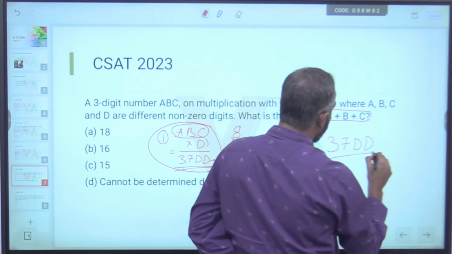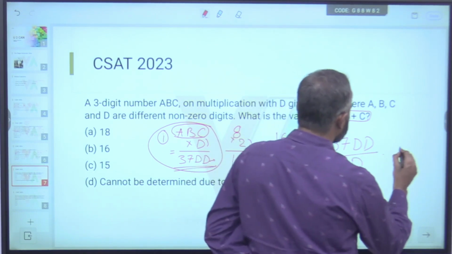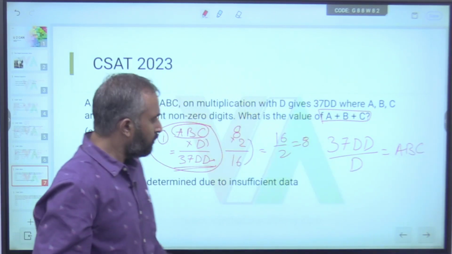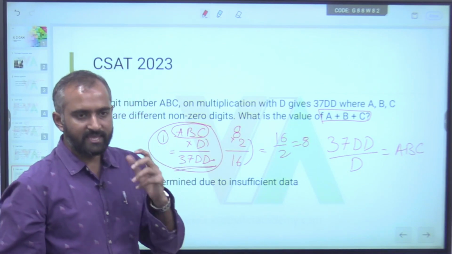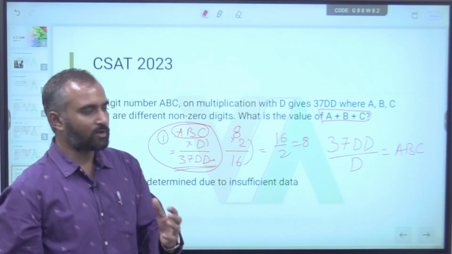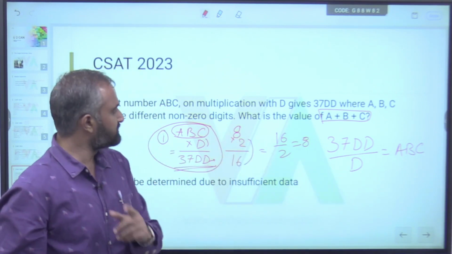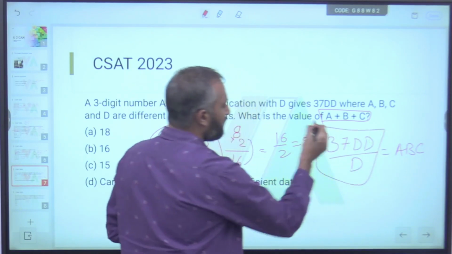37DD divided by D gives rise to ABC. Now, you see the advantage of searching for the attack point, it gives you clarity first. What do we need to find?